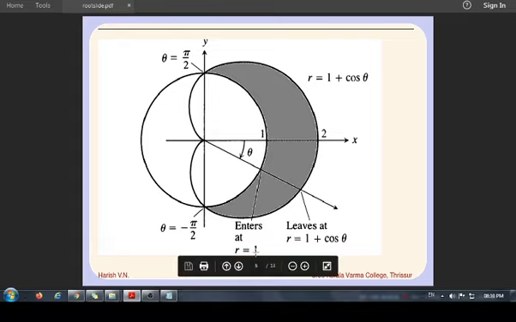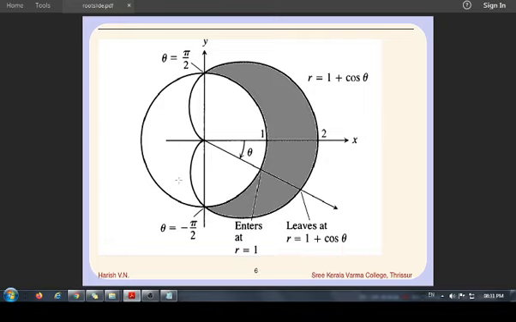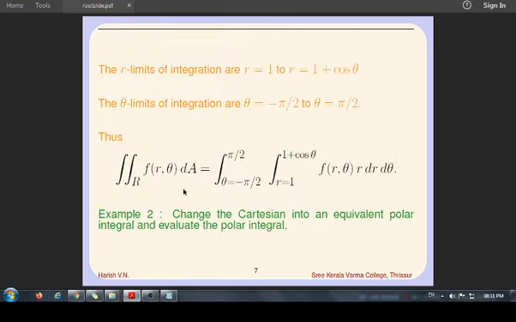So the lower limit of integration with respect to r is r equal to 1, and the upper limit is r equal to 1 plus cos theta. So the r limits of integration are r equal to 1 to r equal to 1 plus cos theta.